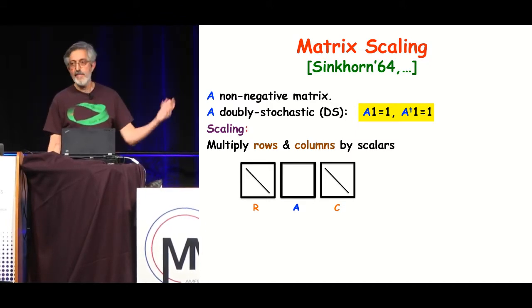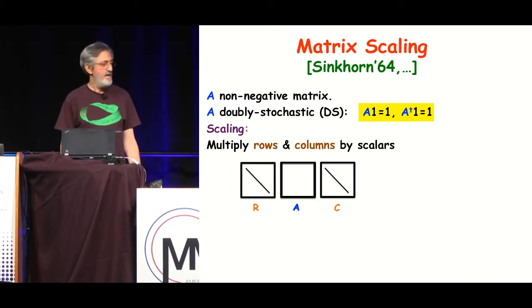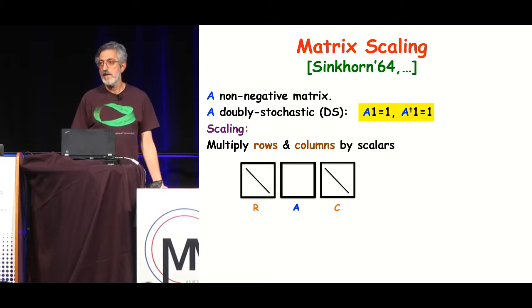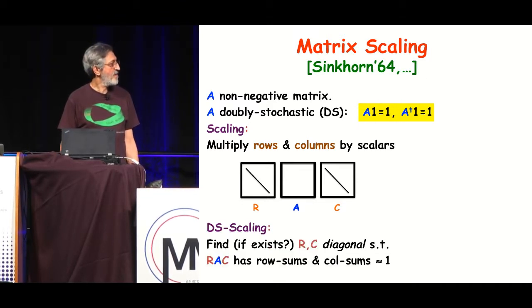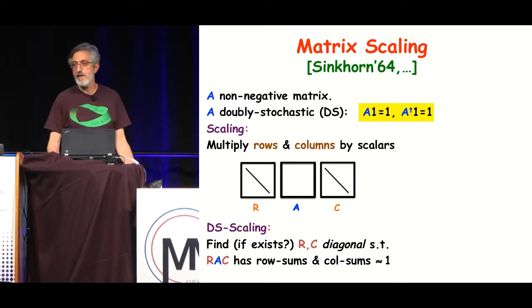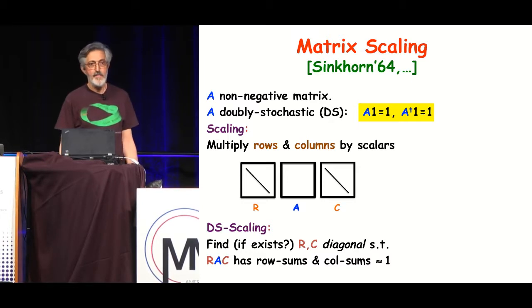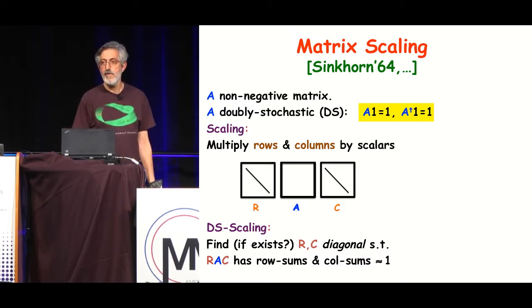So in other words, multiply from the left and from the right by diagonal matrices. And what you want after that is that the matrix you get will be doubly stochastic. So doubly stochastic scaling is just finding if there exist such matrices which make it doubly stochastic by scaling the rows and the columns.